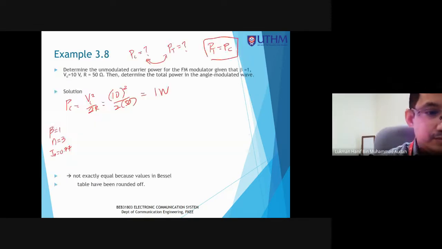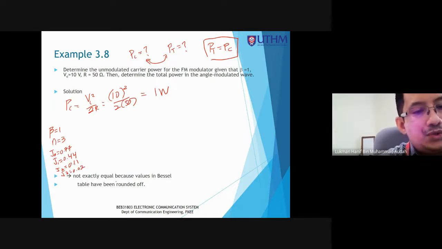J1 is equal to 0.44. J2 is equal to 0.11. Okay, and J3 is equal to 0.02.